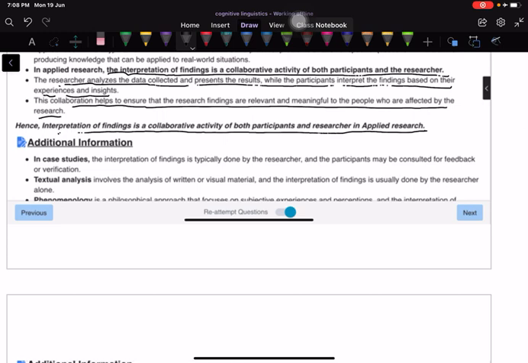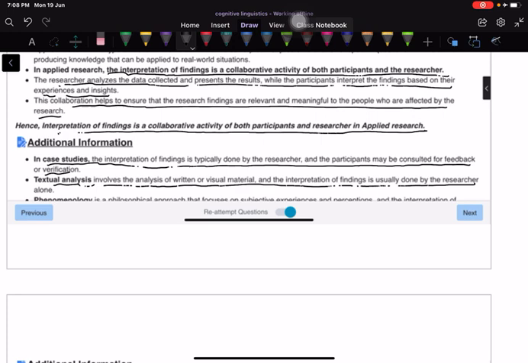Now, additional information: in case studies, the interpretation of findings is typically done by the researcher, and the participants may be consulted for feedback or verification. Textual analysis involves the analysis of written or visual material, and the interpretation of findings is usually done by the researcher alone.